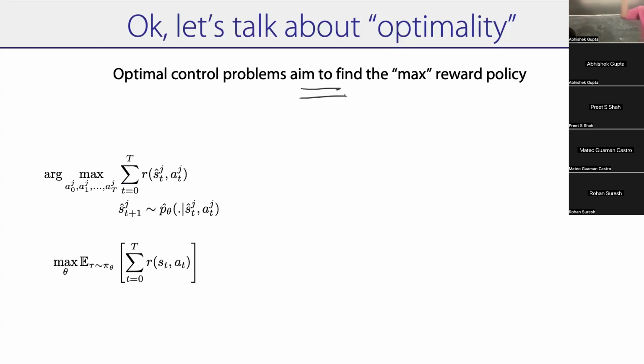But you're trying to find a point estimate of what is optimal. And so we're trying to model agents as completely rational, which means that we're saying they're reward-maximizing agents, right? Now, why might that not be the right model?